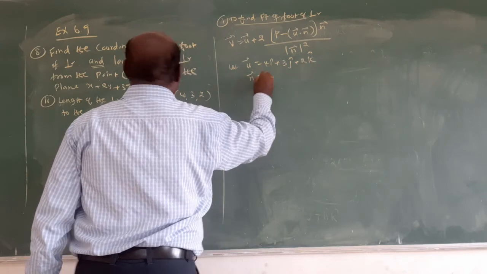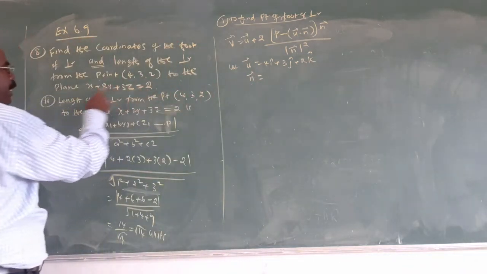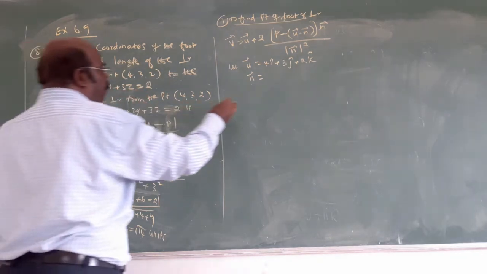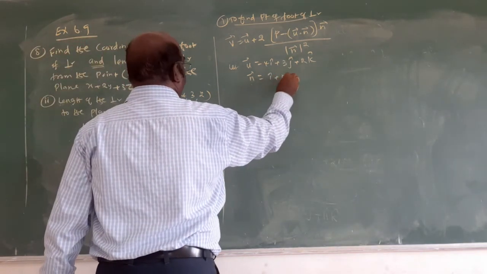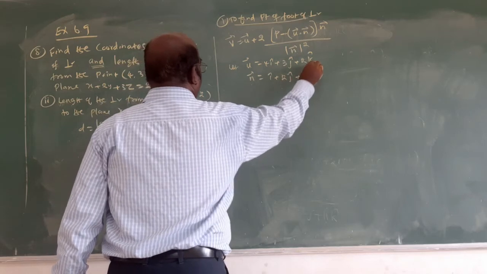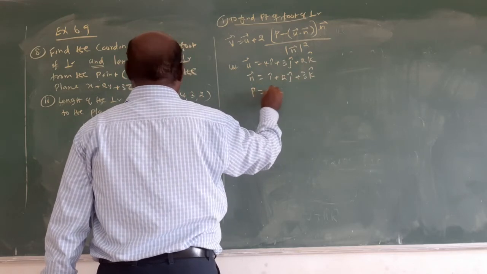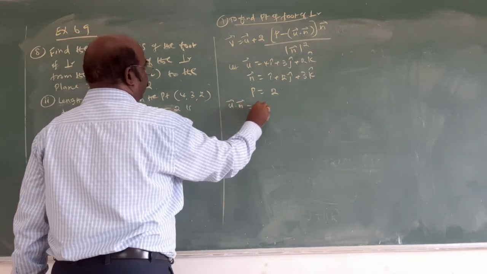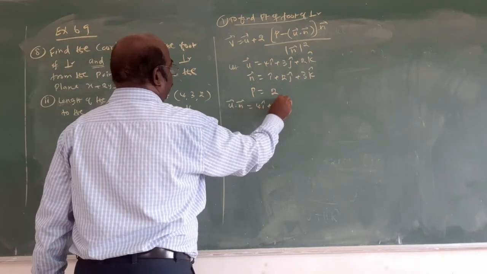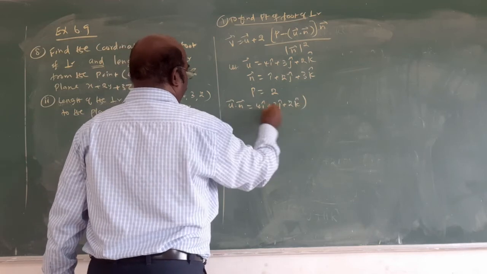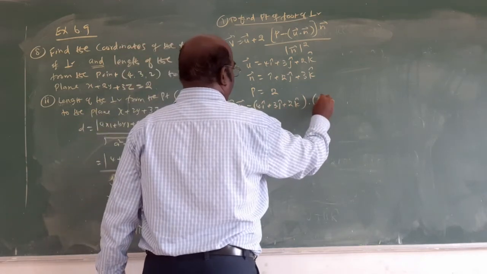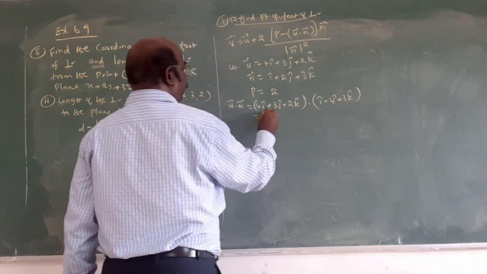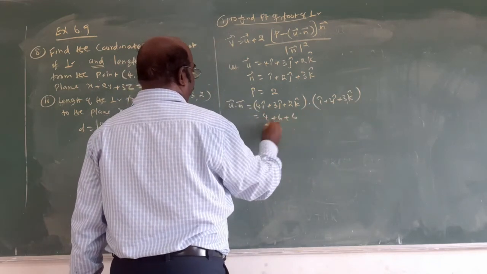N is what? How do you know? This is called the plane equation. R dot i plus 2j plus 3k equal to, that is i plus 2j plus 3k. Then P equal to what? First U dot A. Dot i plus 2j plus 3k, now multiply: 4 plus 6 plus 6 is 16.